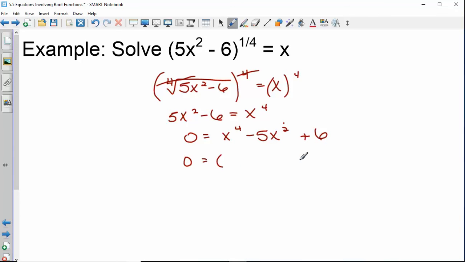X to the 4th would break into x squared. What multiplies to 6 and adds to negative 5? That multiplies to negative 7.